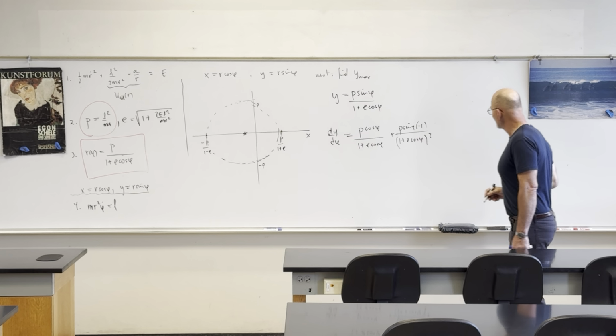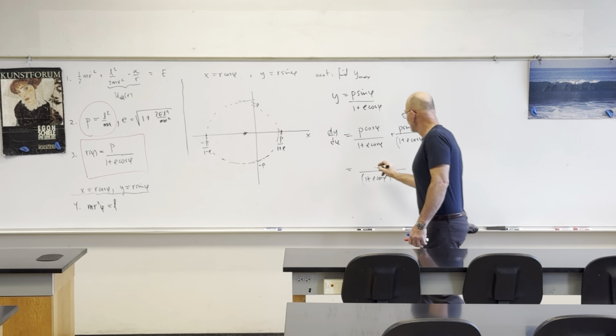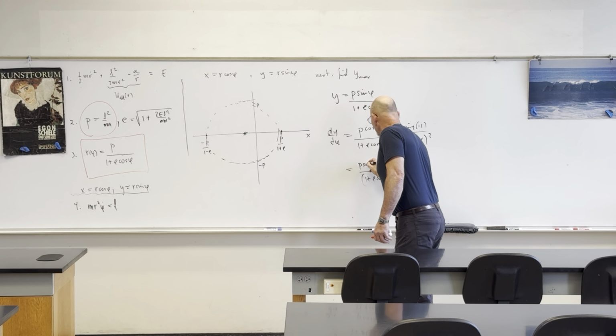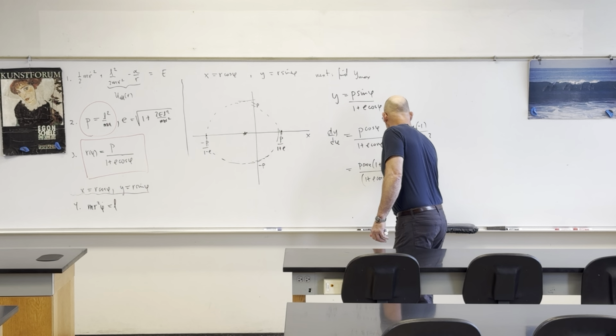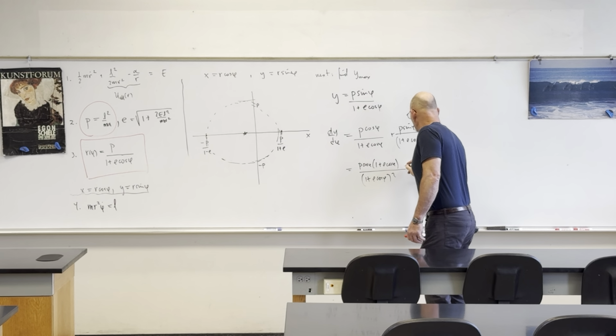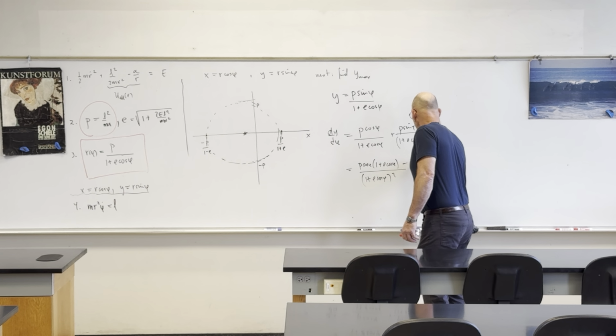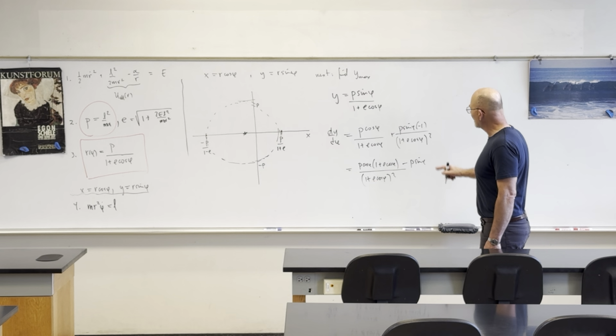So get a common denominator of 1 plus e cos phi squared, and then we'll have cos phi times 1 plus e cos phi minus p sine phi. I'm not done yet, am I?